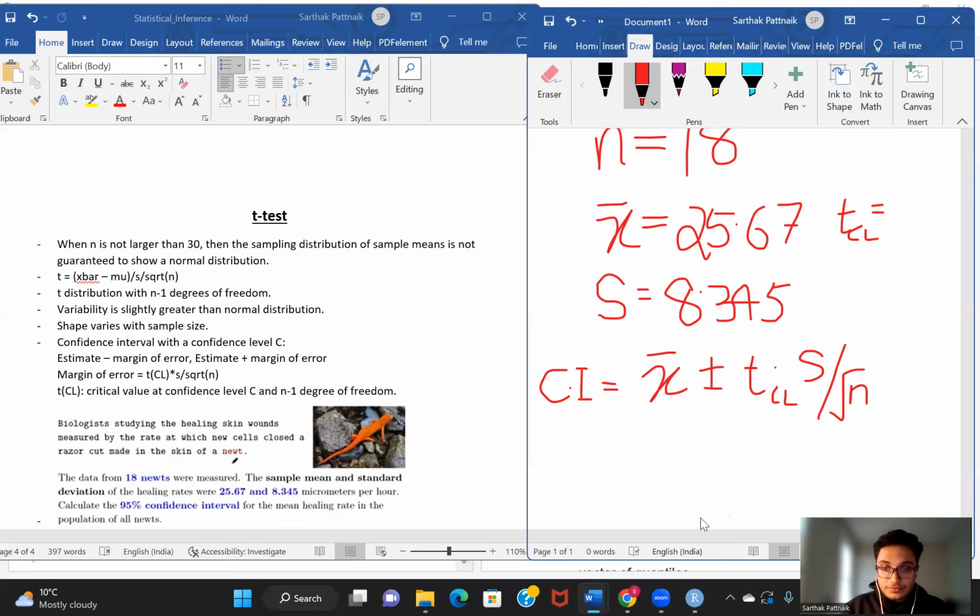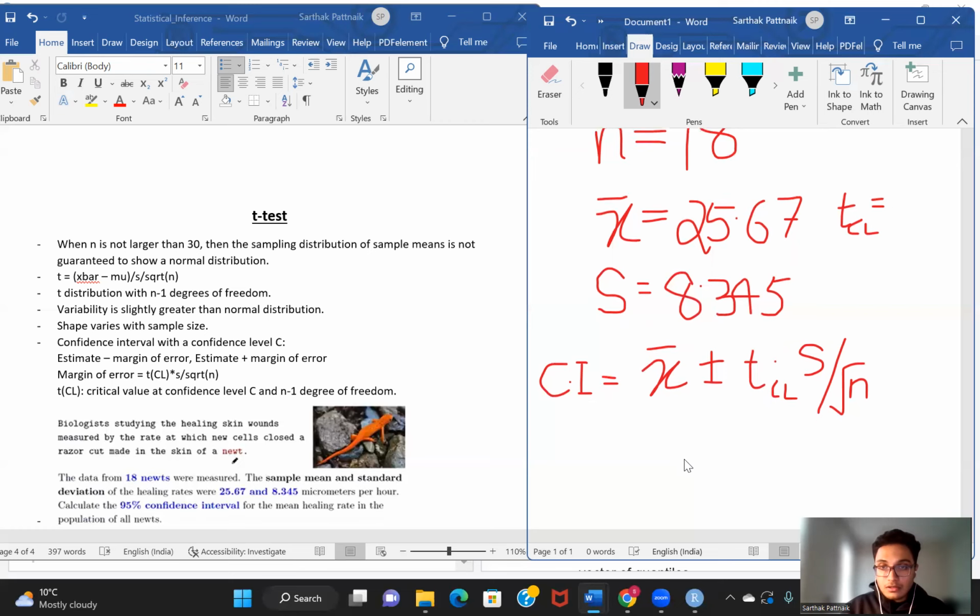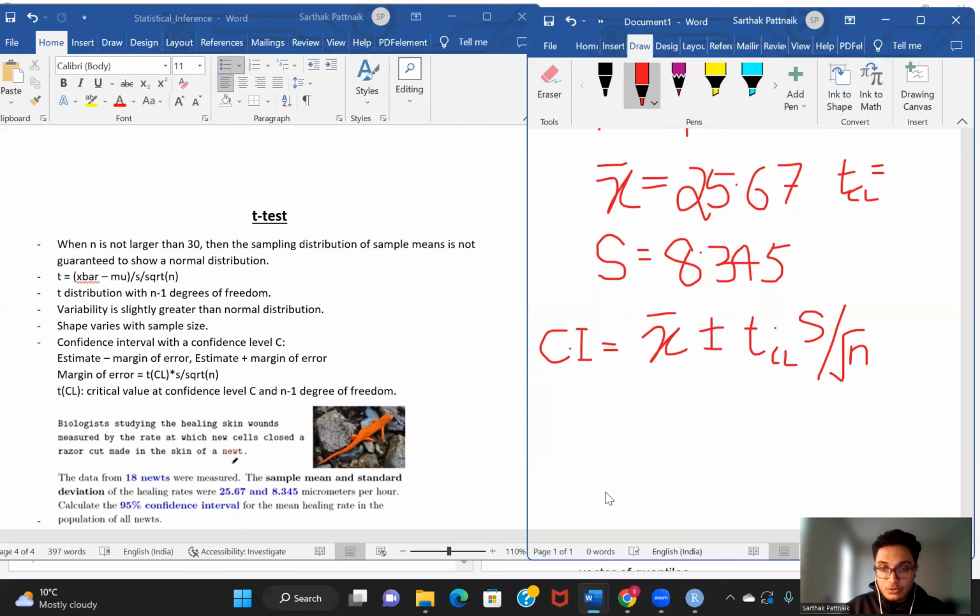So if I have to calculate the critical t value at 95% confidence interval, what I know is that if this is my t distributed curve, these are my upper and lower bounds. This is 95%.